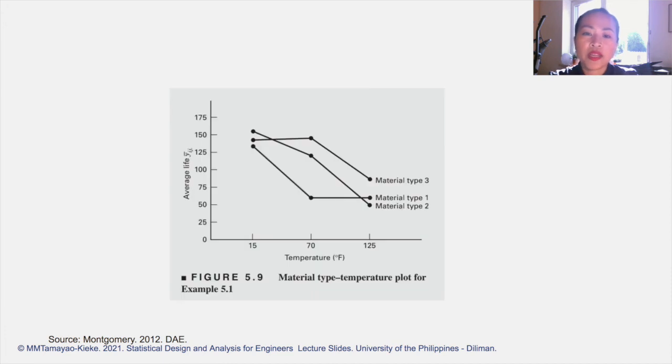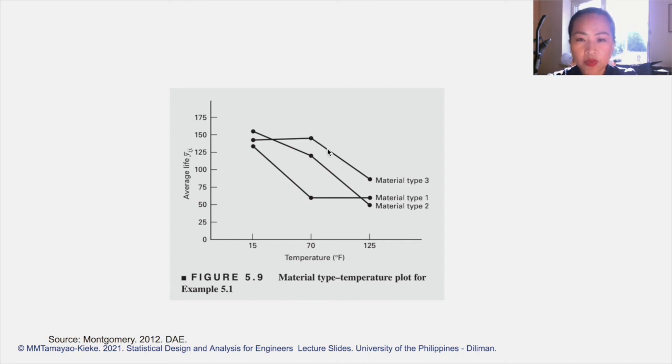Now, if we plot the average life versus temperature for different material types, this is what we get. As you can see, there is a decreasing trend, meaning the average life goes down as the temperature increases. However, for most of the temperatures, material type 3 has the highest average life.